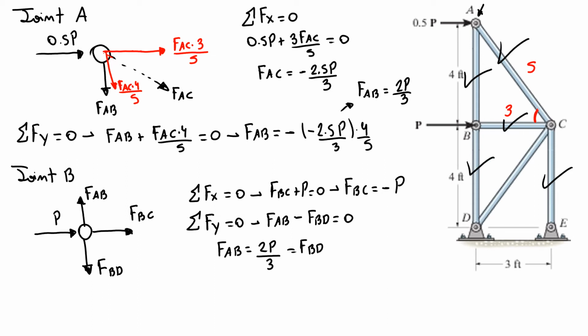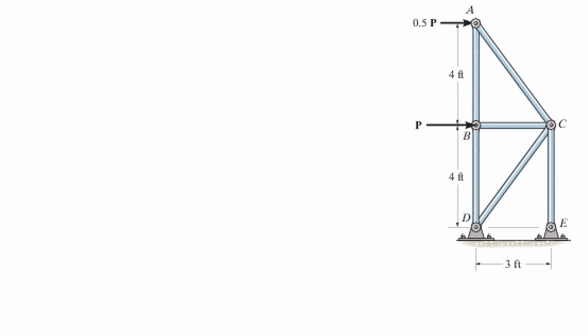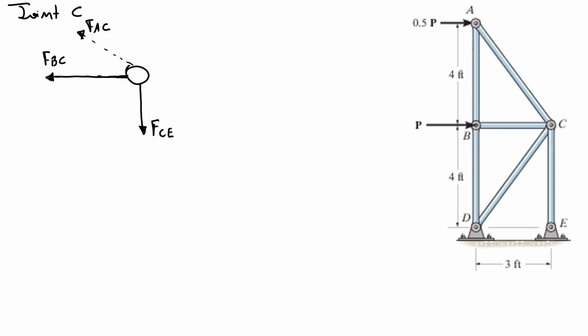To find the other member, I use joint C. So joint C, I have here going 45 degrees our FAC. Here we have our FBC. Here we have our FCE that we discovered, and then here with another 45 degree angle we have our FDC.